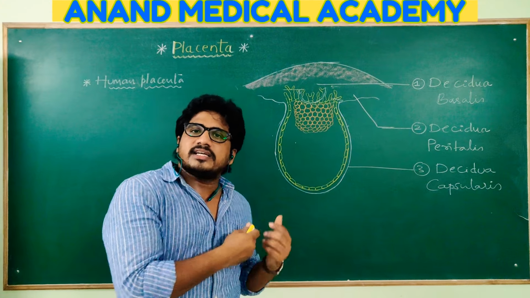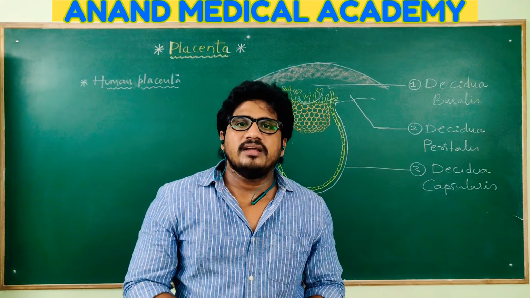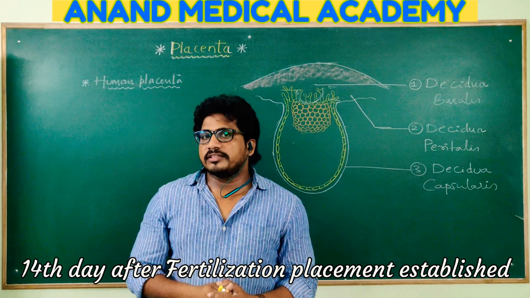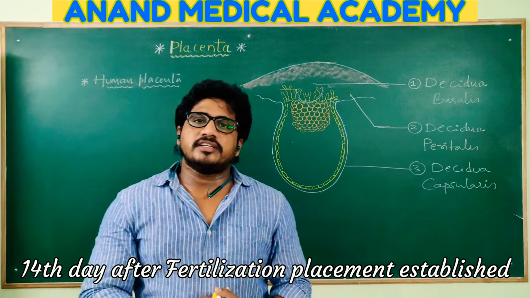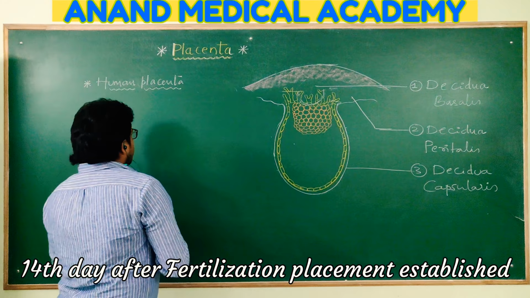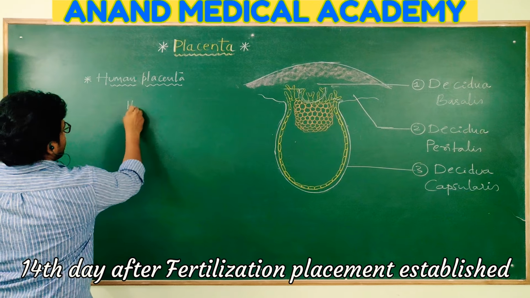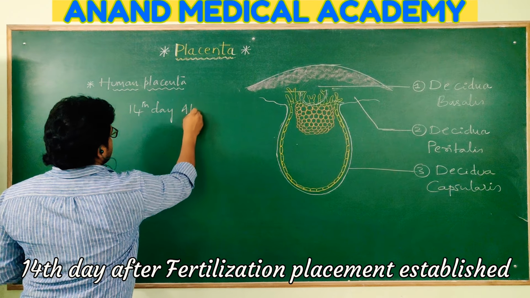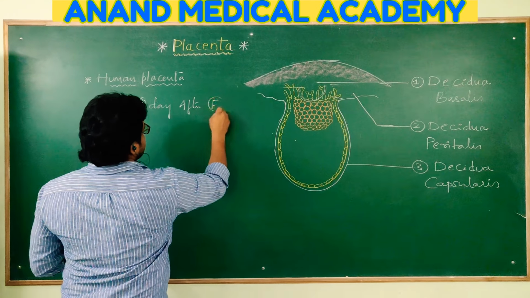Then when does the placenta form? I already told you, at the time of corpus luteum formation, after fertilization, on the 14th day the placenta will be formed. So let us see, placenta forms 14th day after fertilization.